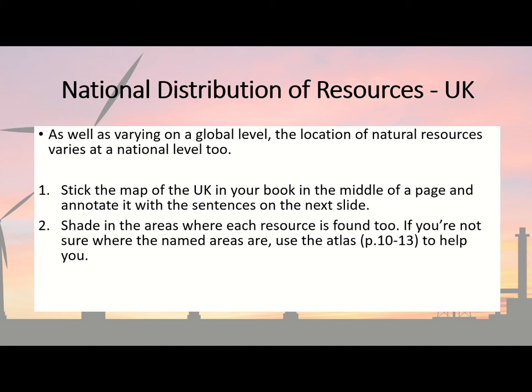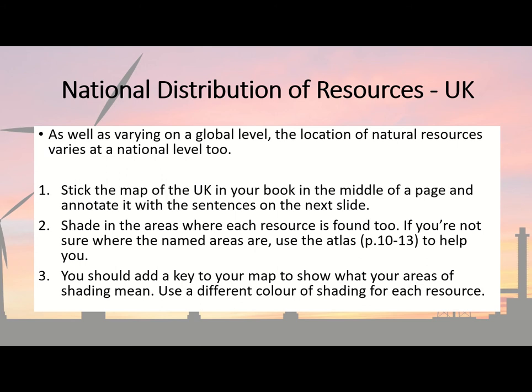But locate these resources on your map. Use a key, use colour, use symbols, I don't mind, however you want to do it is fine. So the information around the map, and then locate that information using symbols or lines or colour coding on your map as well. Add a key so you know exactly what your symbols or colours mean, so it's really clear.